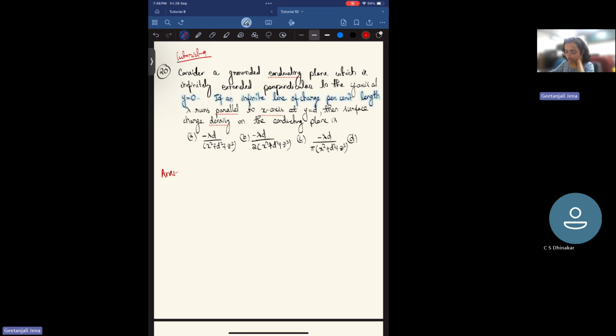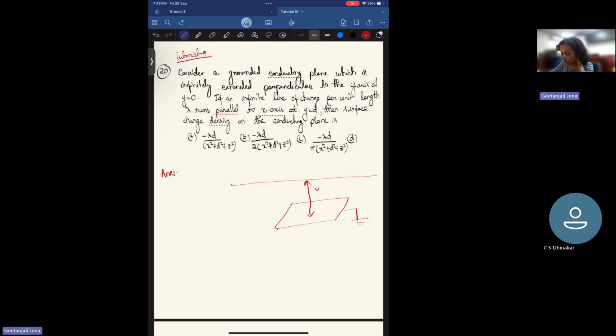Consider a grounded conducting plane which is infinitely extended perpendicular to the y-axis. So there is a plane that is grounded and it's infinite. And an infinite line of charge per unit length lambda runs parallel to the x-axis at y equal to d.